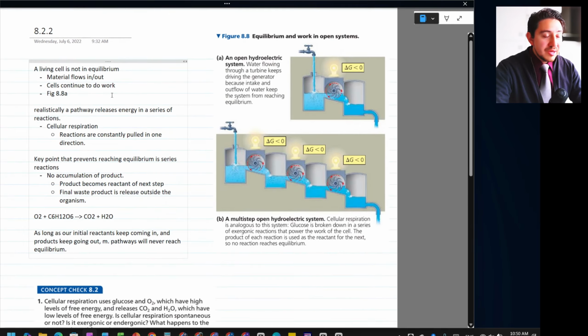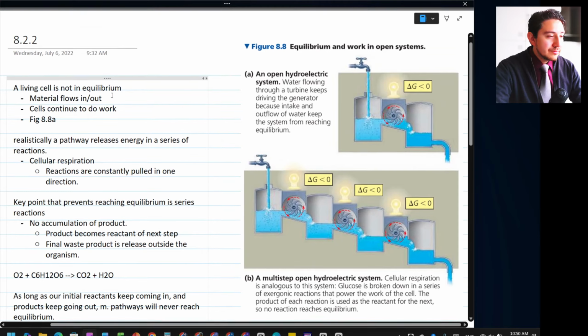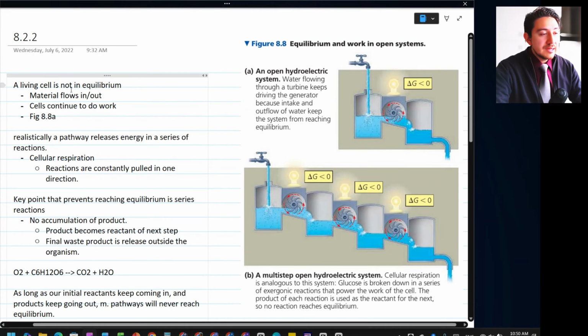Okay, so a living cell is not in equilibrium. Materials will be flowing in and out always, always, always. So again, back to this analogy of a hydroelectric system. If you have this faucet of water providing matter into this system, you can have a turbine constantly rotating, so you can have light being produced.